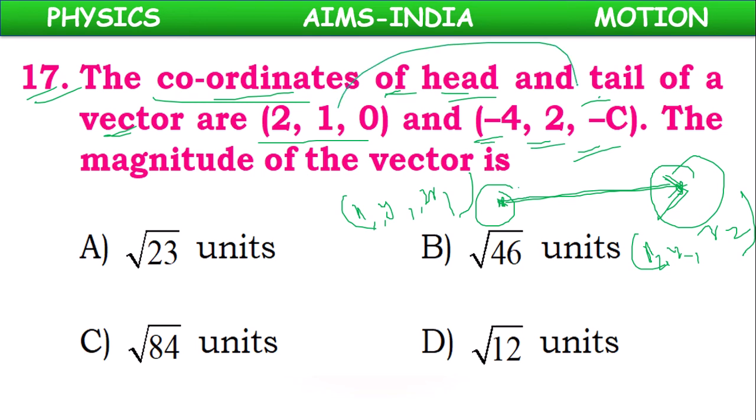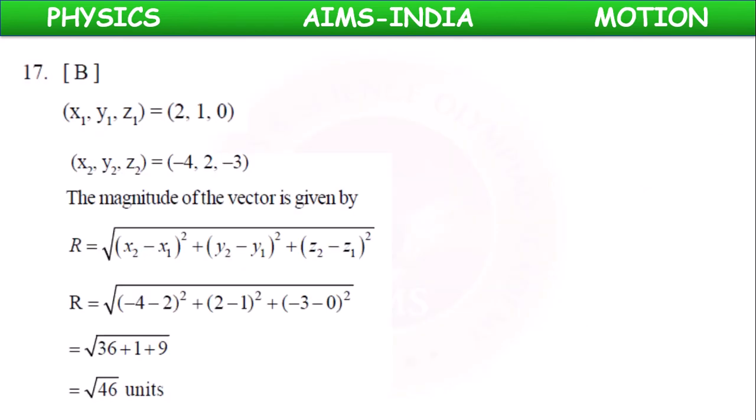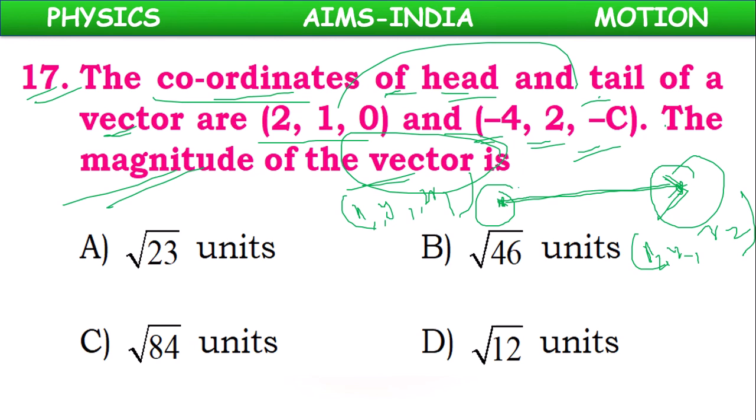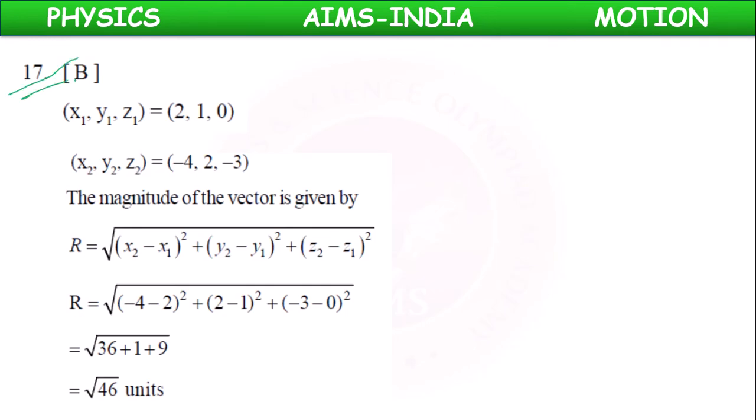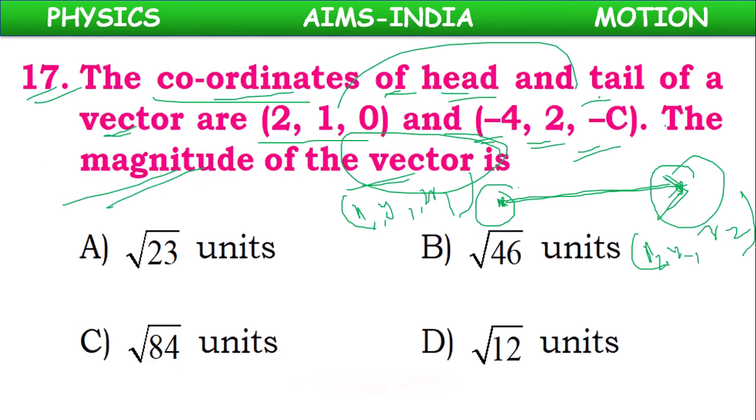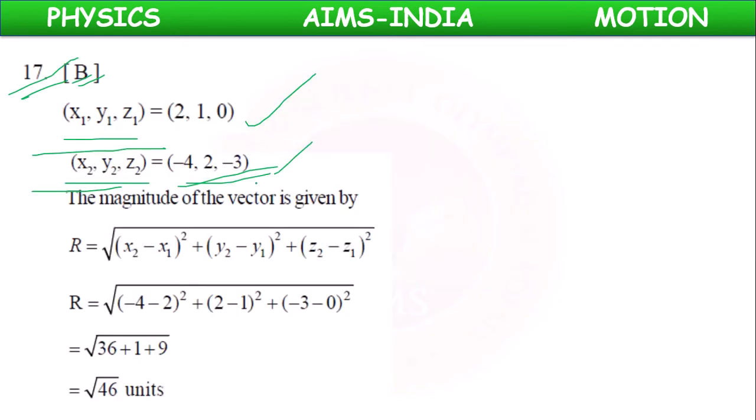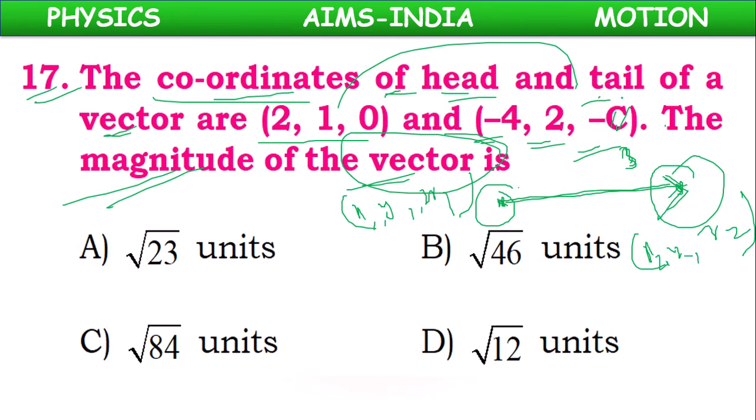We have to find the magnitude of the vector. Here it is not c, children, it is 3. So please rectify it as 3. In your book, if -c is there, please make it -3.